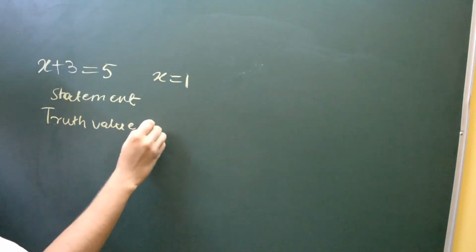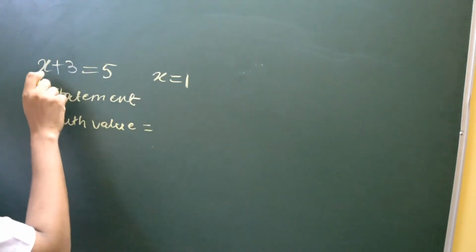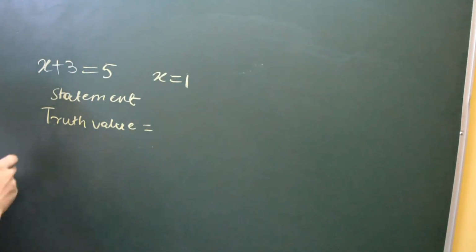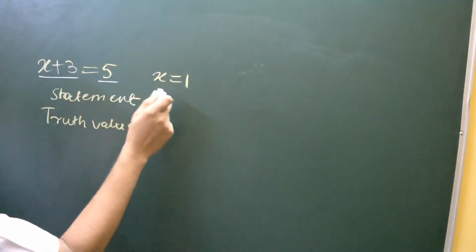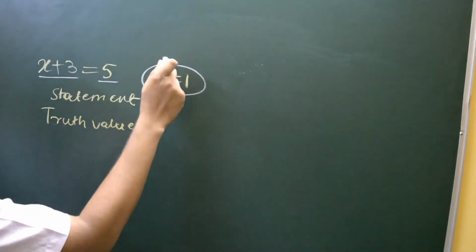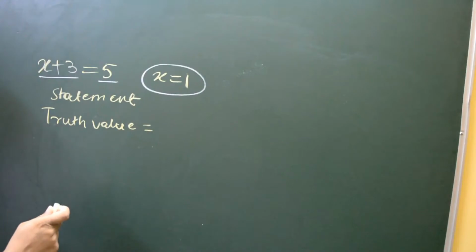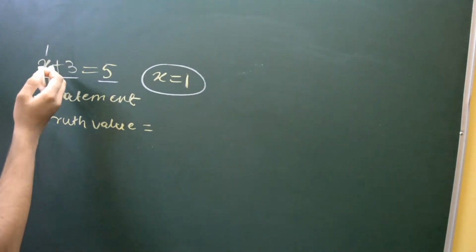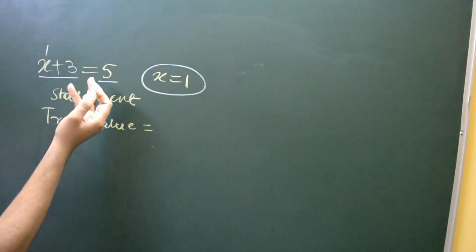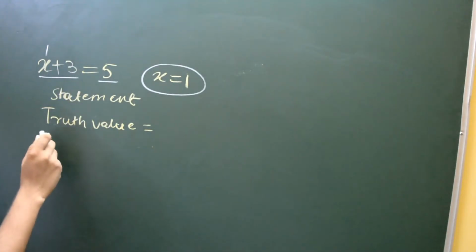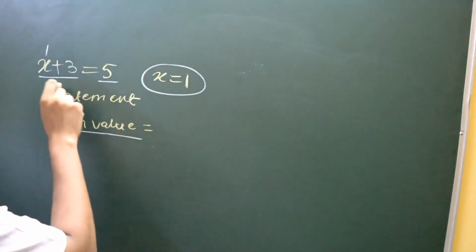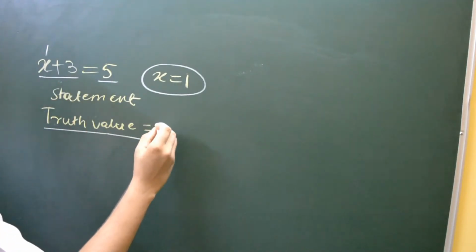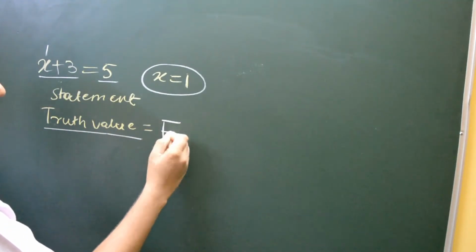What will be the truth value of this statement? That is x plus 3 is equal to 5, where the value of x is 1. We replace x by 1: 1 plus 3 is equal to 4, which is not equal to 5. So the truth value of this statement is false.